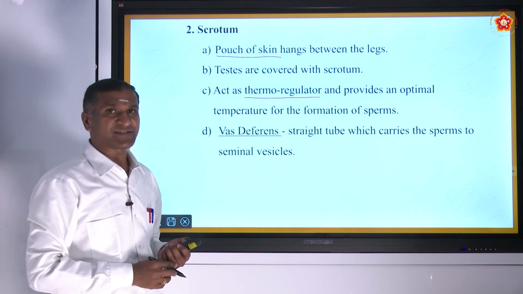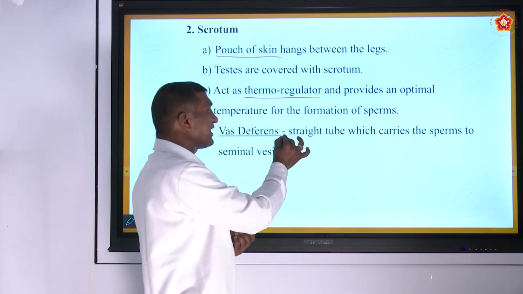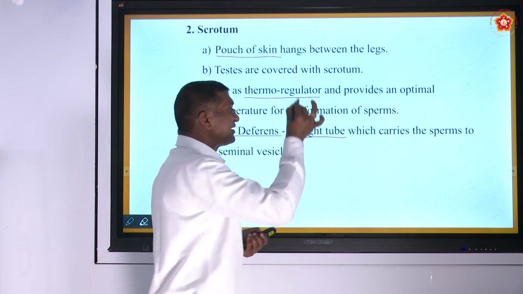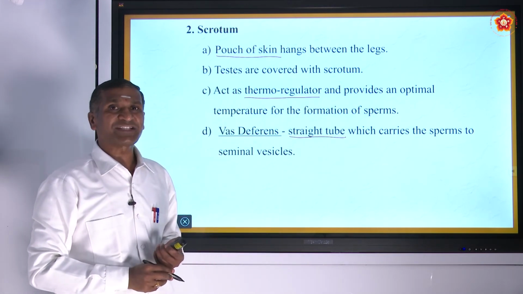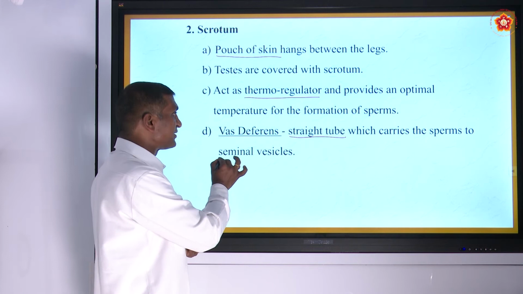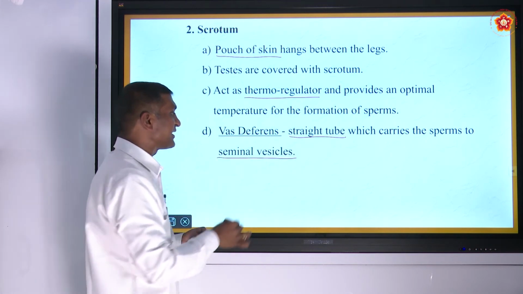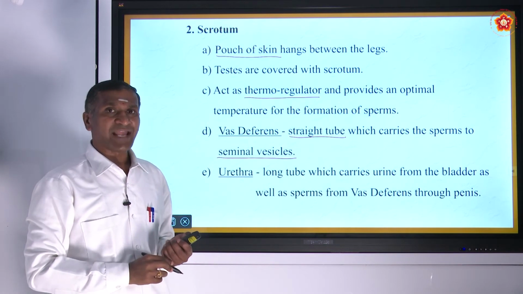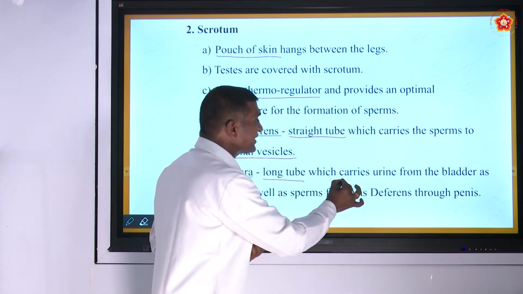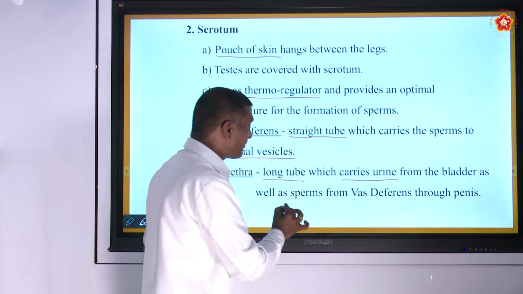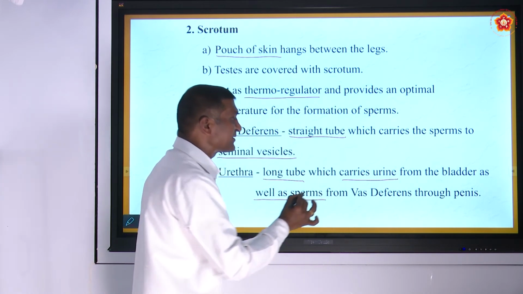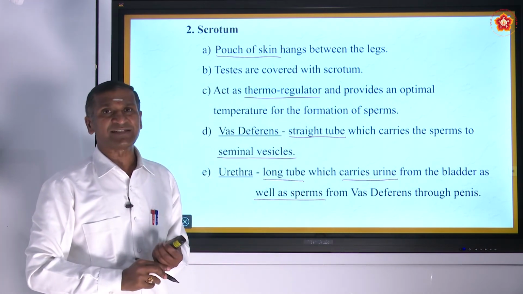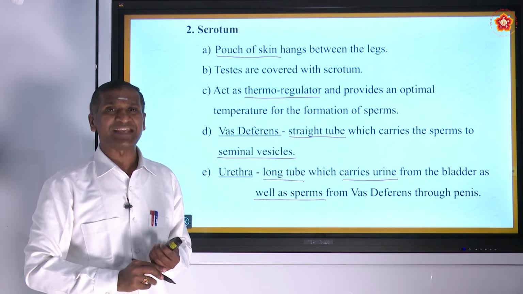Vas deferens, which I already mentioned in the diagram view, is a straight tube which carries the sperms to the seminal vesicles. Then we have the urethra, a long tube which carries urine from the bladder as well as sperms from the vas deferens through the penis.